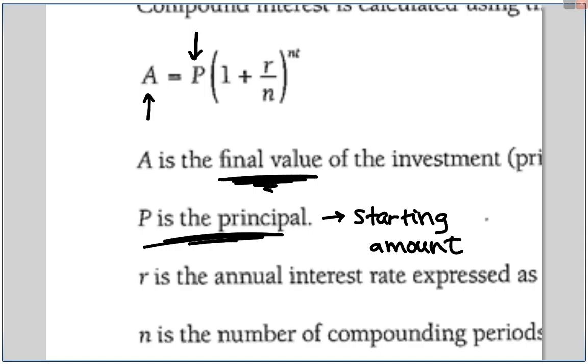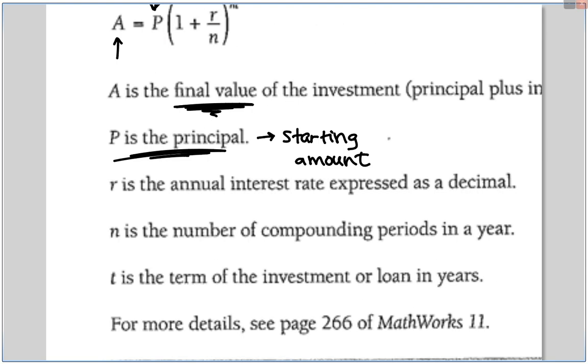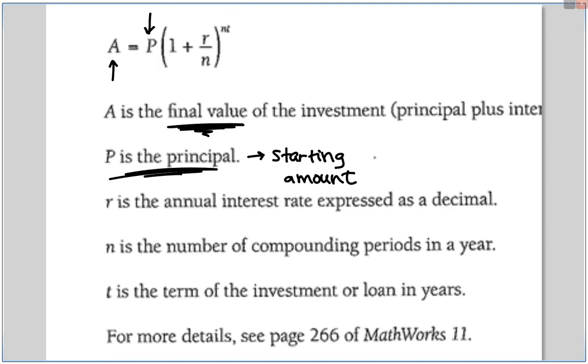Okay, R. R is the rate, and it's expressed as a decimal. R is the annual interest rate, and it's expressed as a decimal. I need you to highlight annual interest rate and decimal.